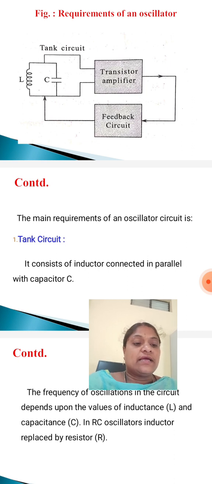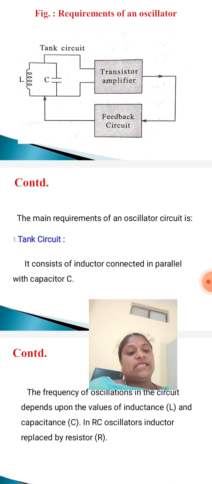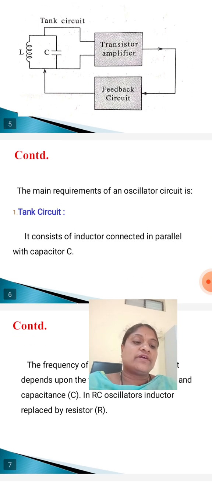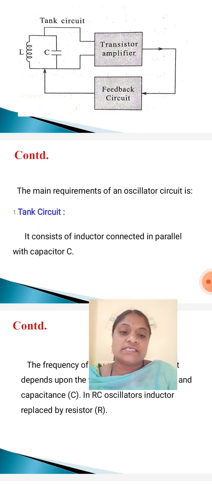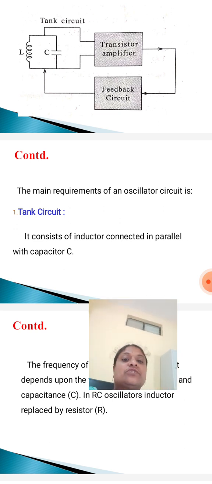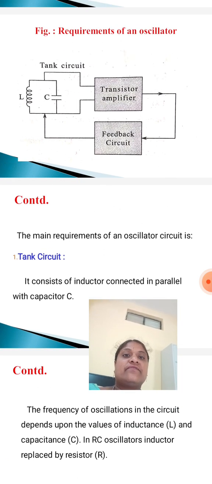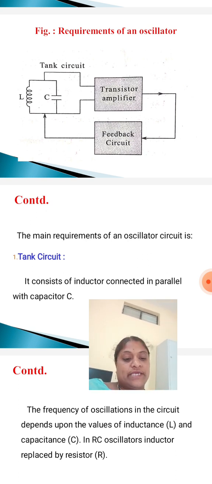That is, it provides feedback in addition to the Barkhausen criteria that have to be satisfied to get sustained oscillations. So this is the figure of the requirements of an oscillator: tank circuit, transistor amplifier and feedback circuit.